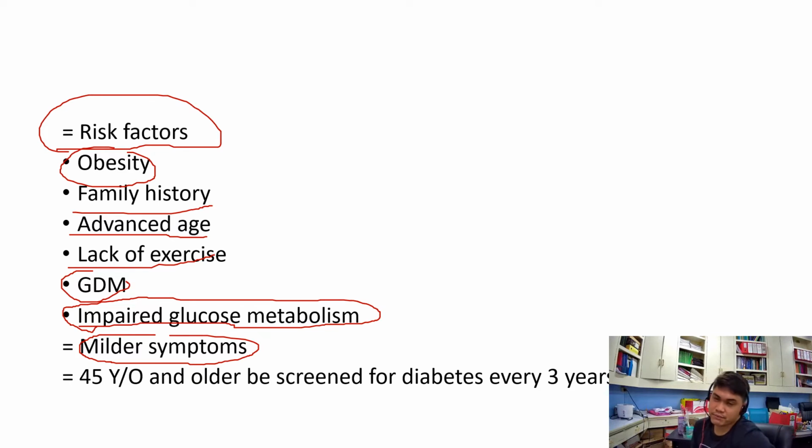But for patients with a family history of diabetes, you should screen much earlier, for example at 30 years old or before 45.